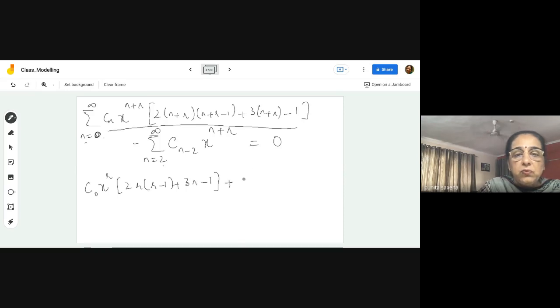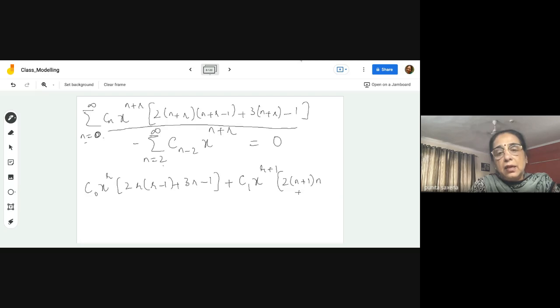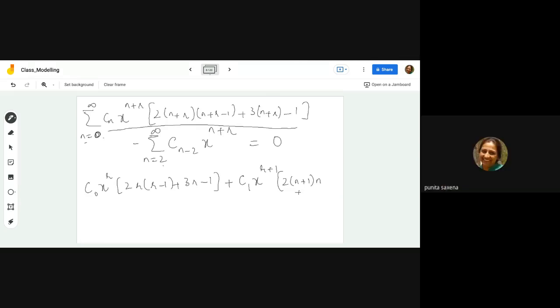What happens when n is 1? It's c_1 x to the power r plus 1 into 2(n plus r) into (n plus r minus 1) plus 3(n plus r) minus 1. And then the remaining I can write from 2 to infinity. Ma'am, it will be r plus 1.